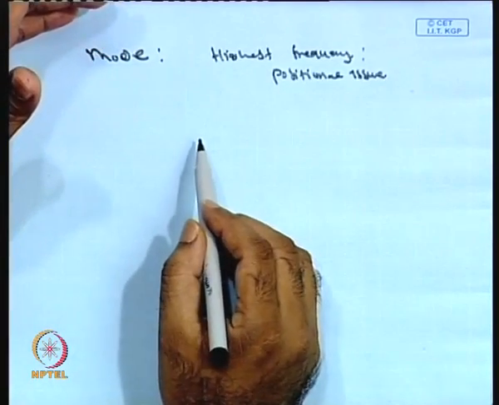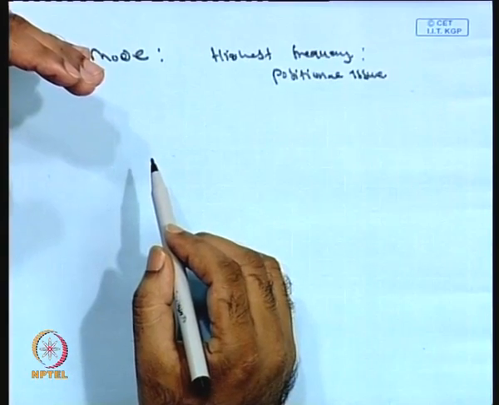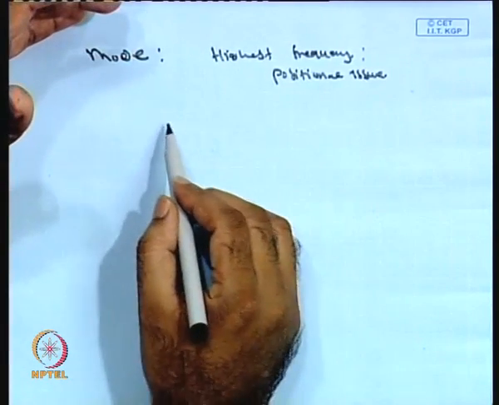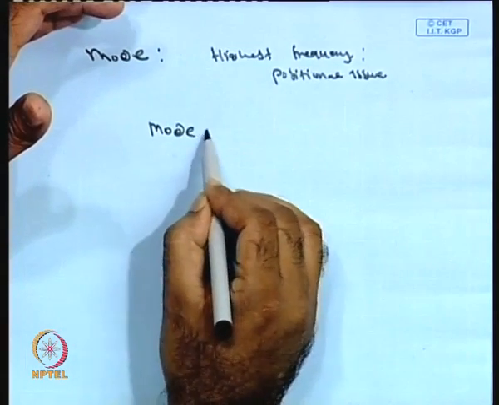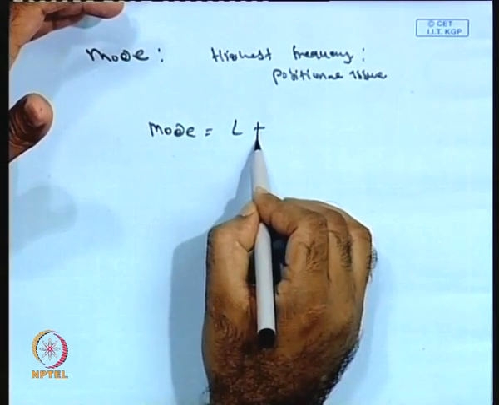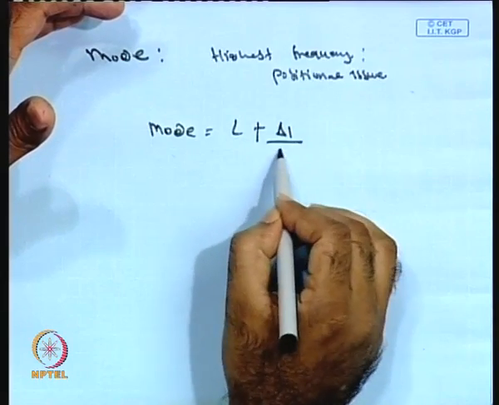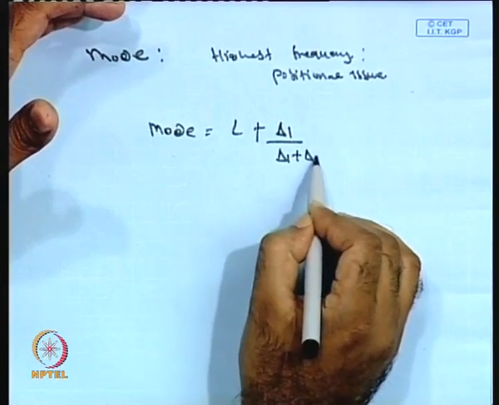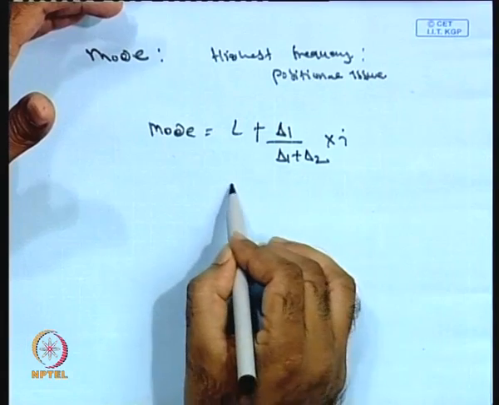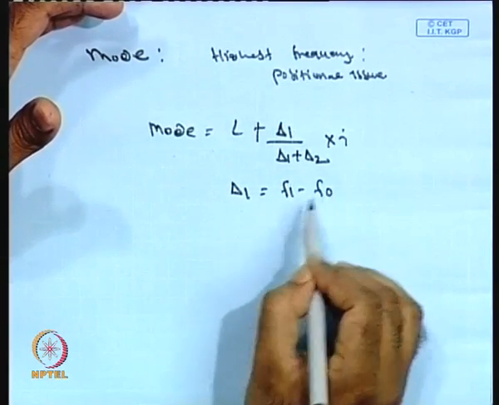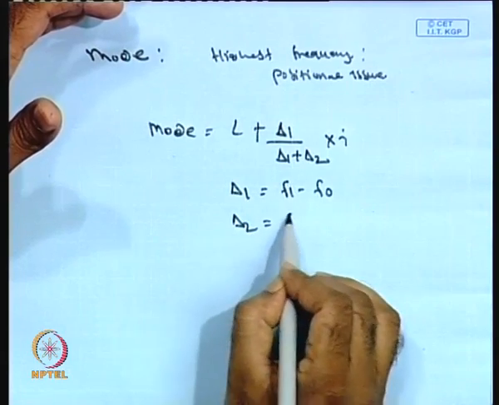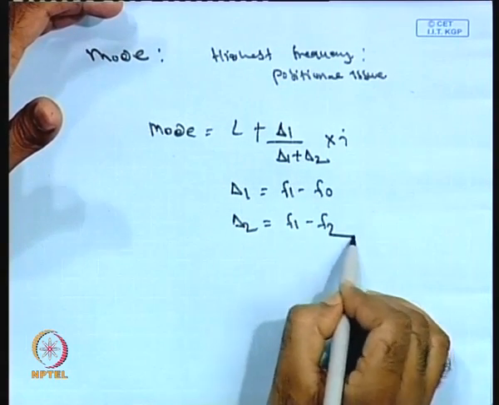Now when there is a discrete series or continuous series, the mode calculation will be L plus del1 by (del1 plus del2) into i. So, del1 is nothing but f1 minus f0 and del2 is nothing but f1 minus f2.